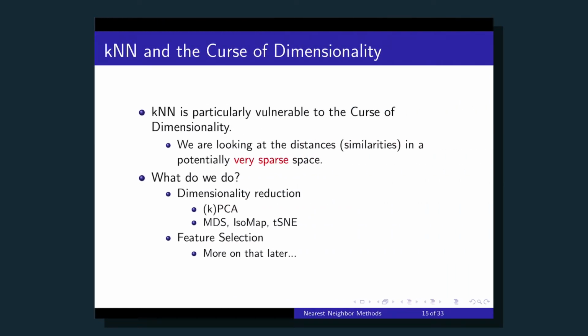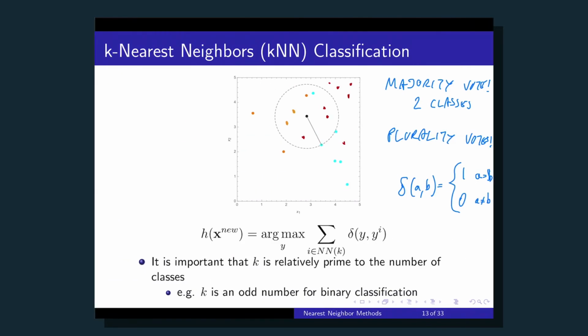So one of the problems with k nearest neighbors is what's called the curse of dimensionality. We talked about the curse of dimensionality at length before, but KNN is particularly vulnerable to this because essentially what you're doing is you're looking at the distances between points. And this is all fun and roses when you're just working in 2 dimensions.